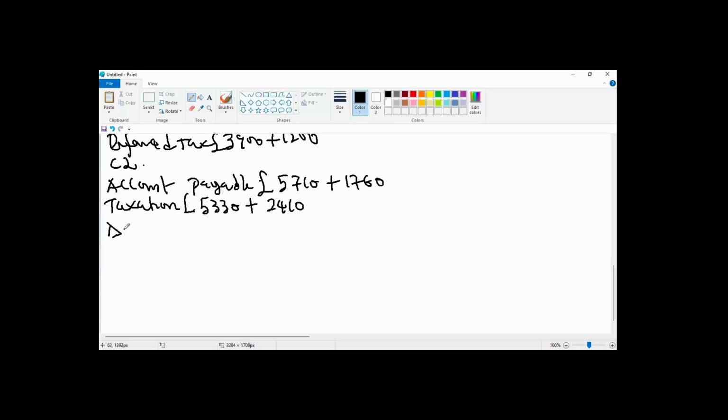Dividend: 13 plus 1. Bank overdraft: 0 plus 1,150. As well.